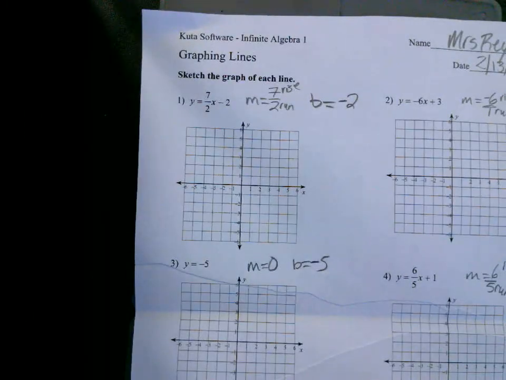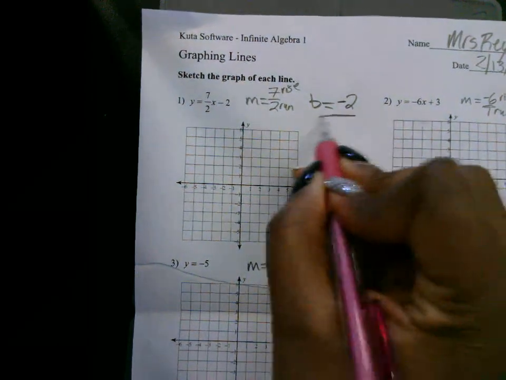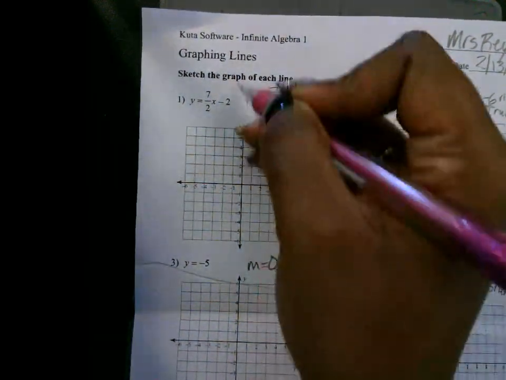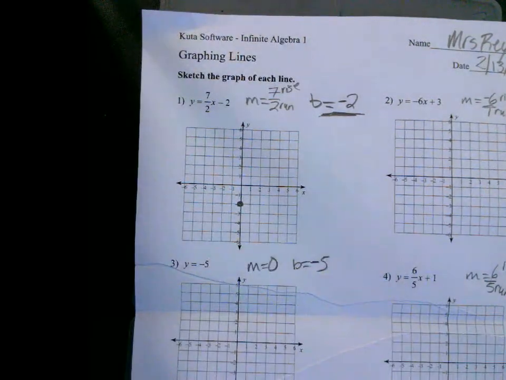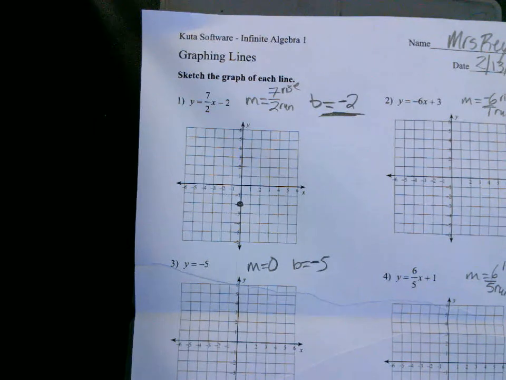Let's look at number 1. We're going to graph -2 on the y-axis. -2 on the y-axis is right here. Put your point pencil there. -2 on the y-axis is down this way. That's where you start.